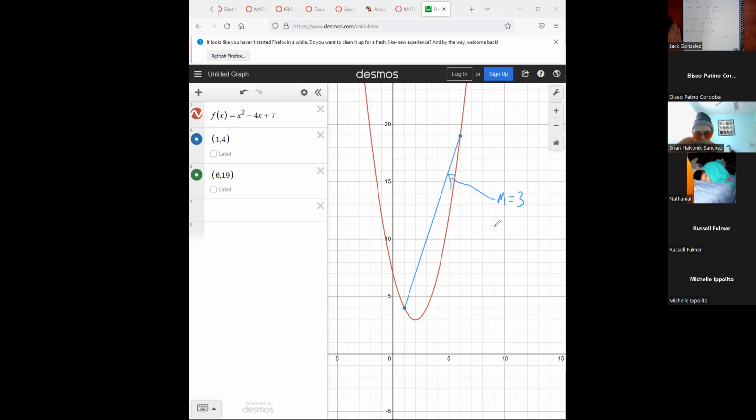That's what we found. So the average rate of change of the function is the slope of the line connecting 2 points. Okay. Does that make sense? Do you see what it does?